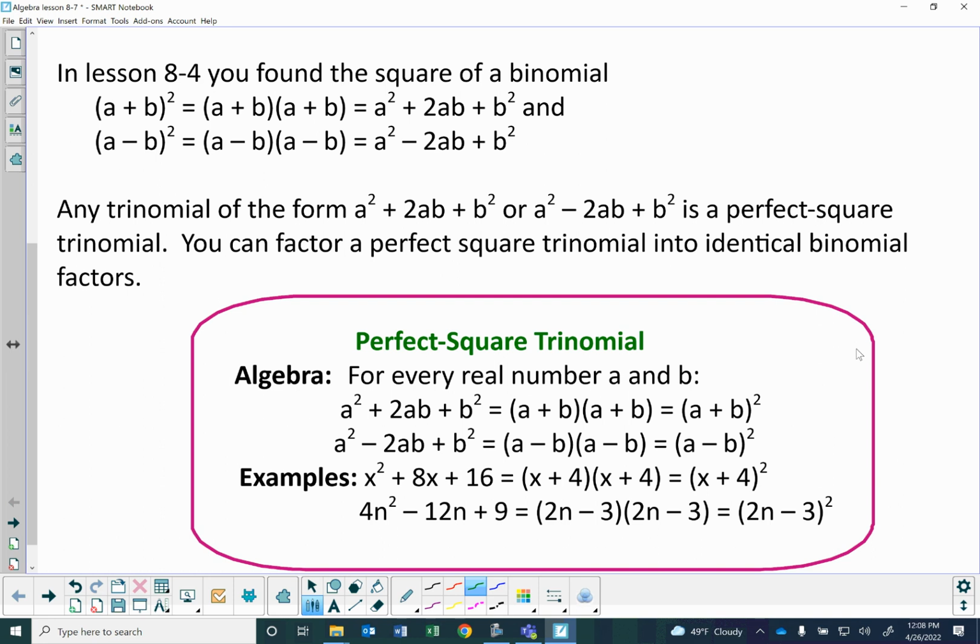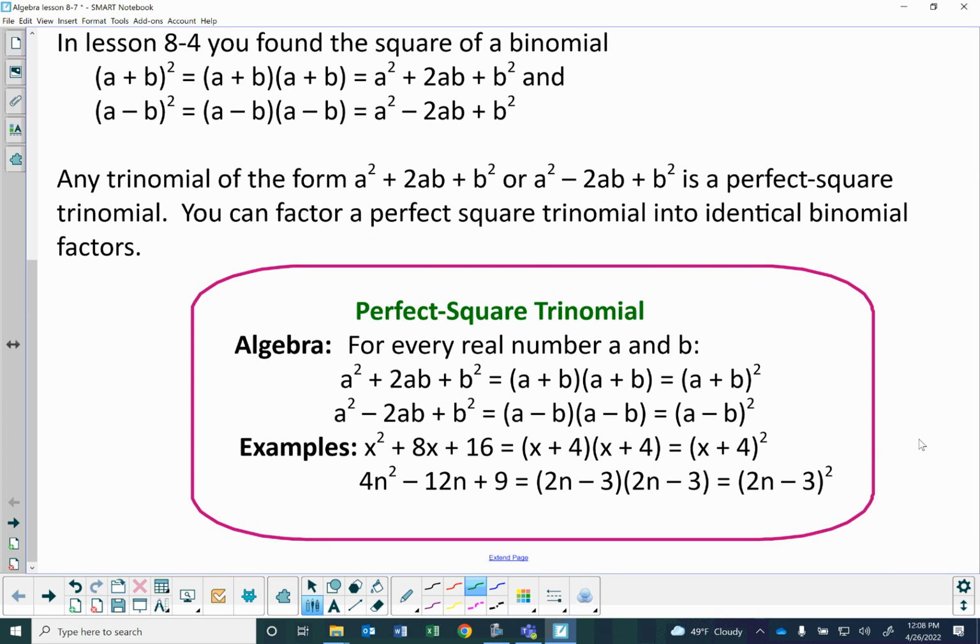Any trinomial of the form a squared plus 2ab plus b squared, or a squared minus 2ab plus b squared, is what we call a perfect square trinomial. You can factor a perfect square trinomial by reversing what we did in 8-4. So a squared plus 2ab plus b squared will factor to a plus b times a plus b, otherwise known as a plus b quantity squared.